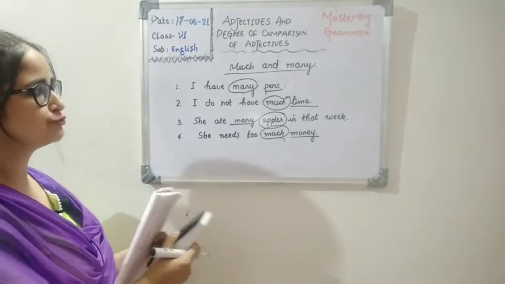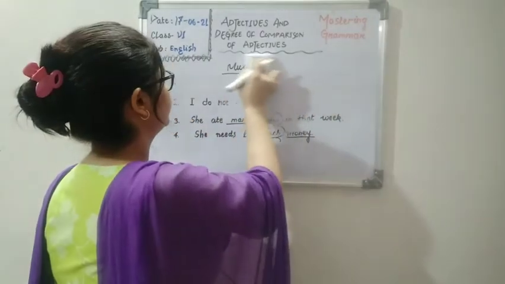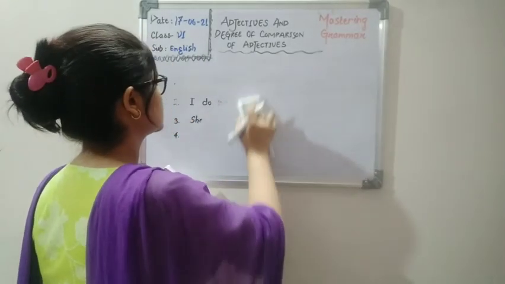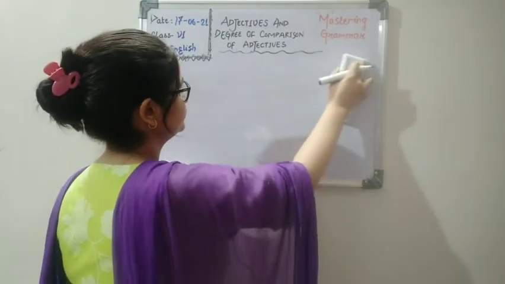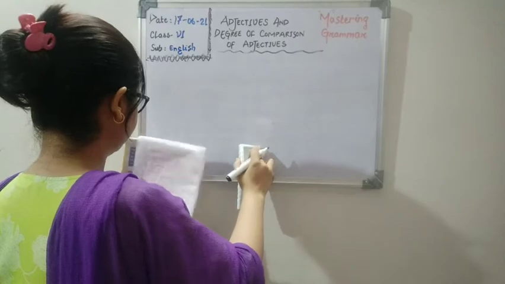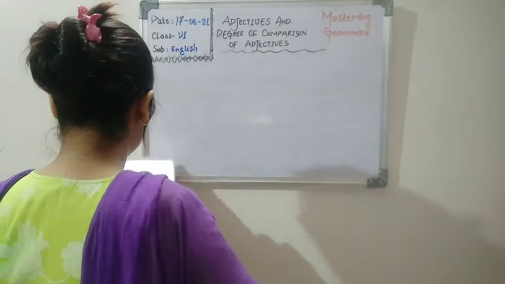Now moving to the exercise, that's B of your book. We have finished A, now we are moving to the B section. Okay, now let's write it down.